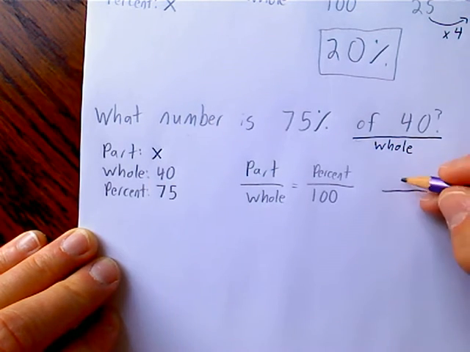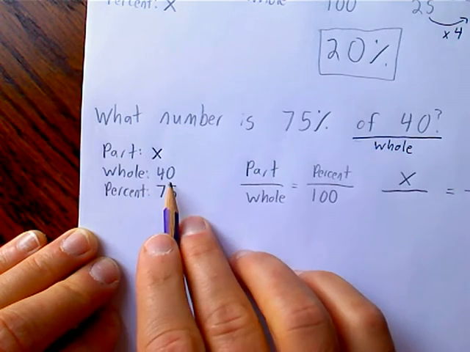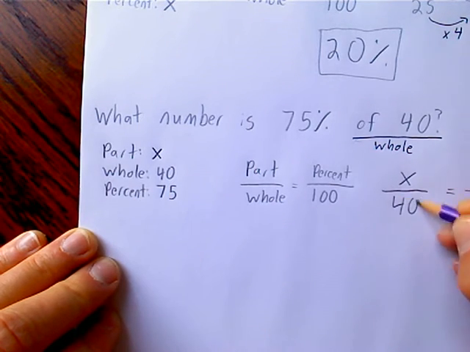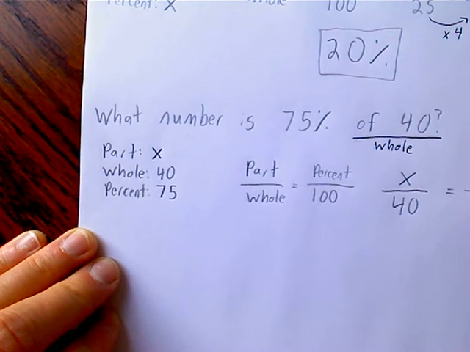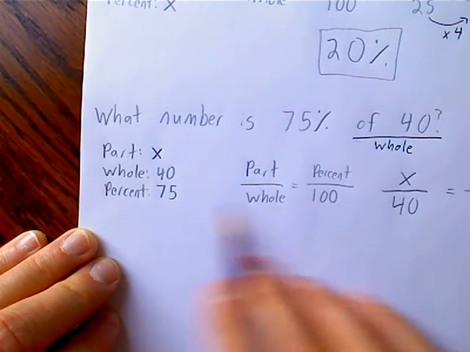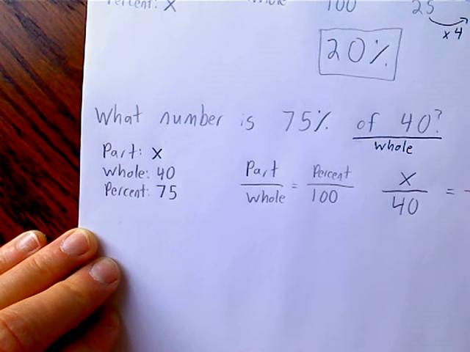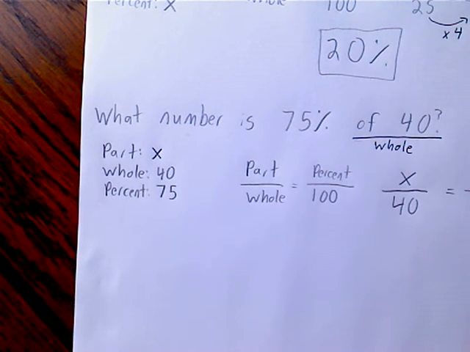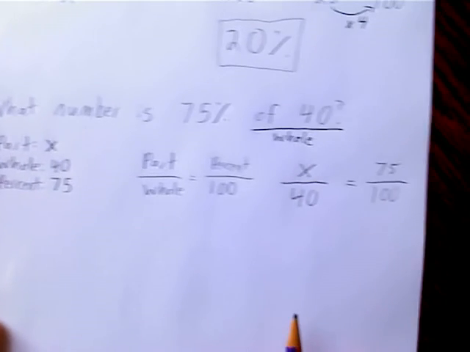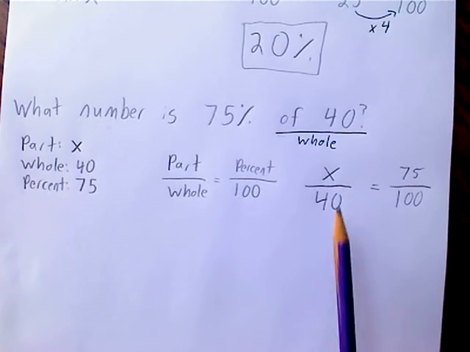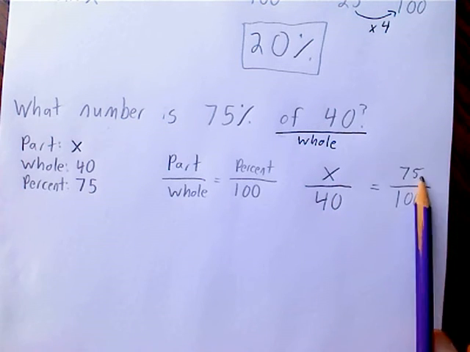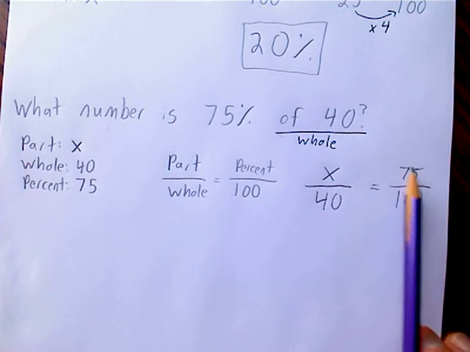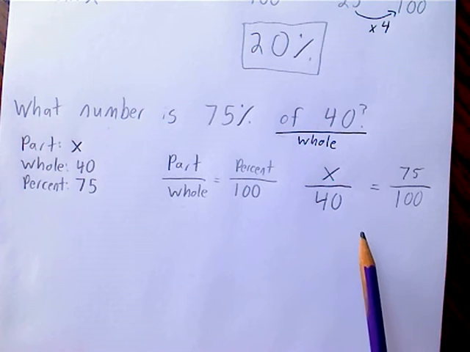Part is x, whole is 40, percent is 75, and 100 goes in the denominator. Okay. So x over 40 equals 75 over 100. We have filled out our proportion.